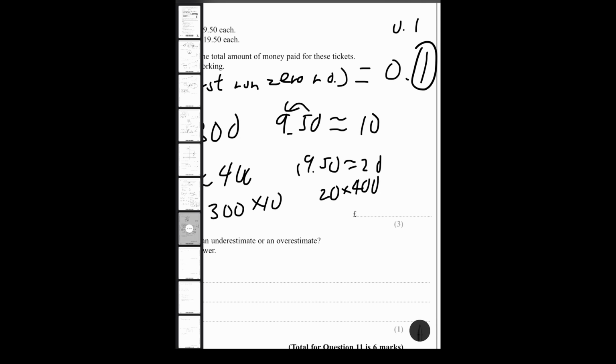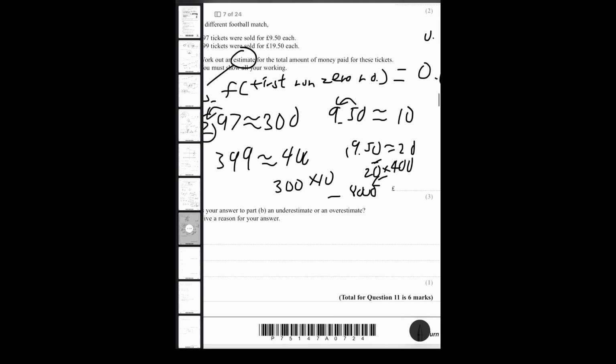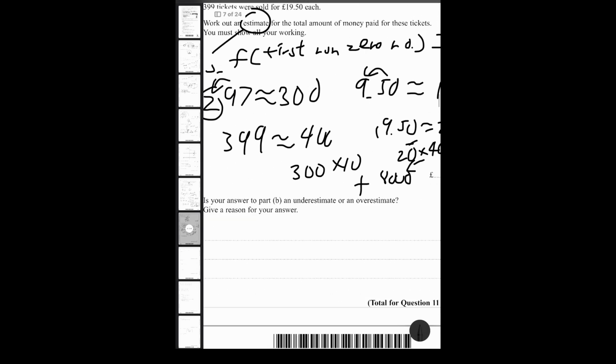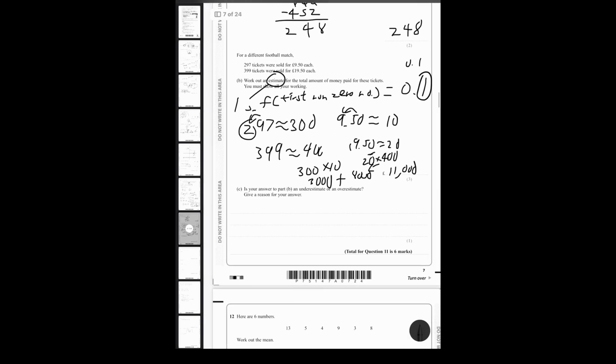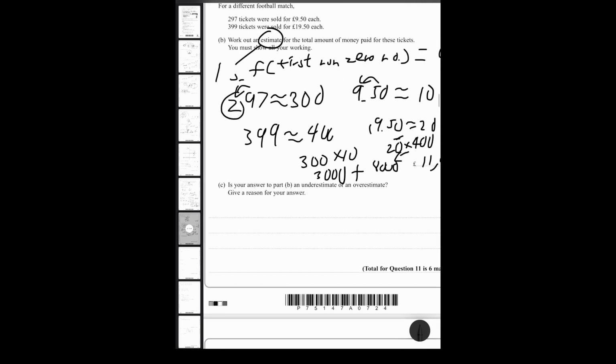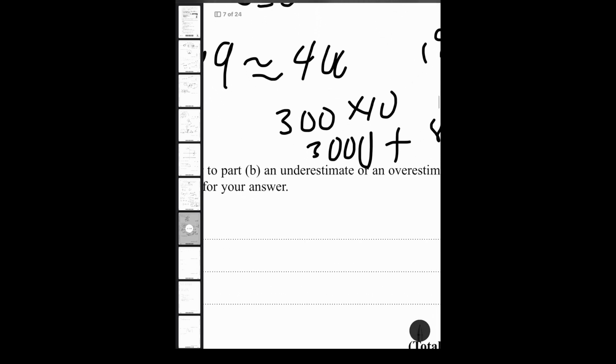So you can even split this up. 400 times 2 is 800, times by 10, 8,000, plus this, slap 0 on there, 3,000. 3,000 plus 8,000 is 11,000.